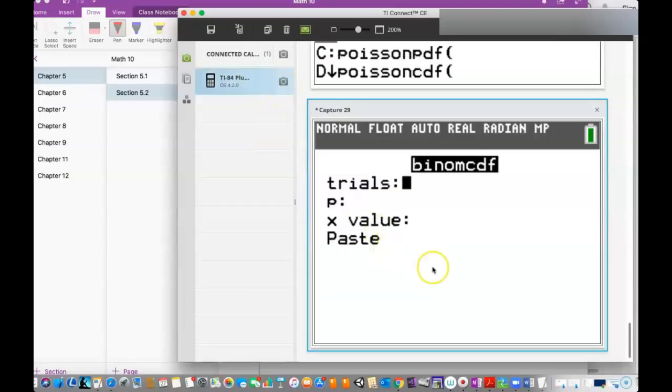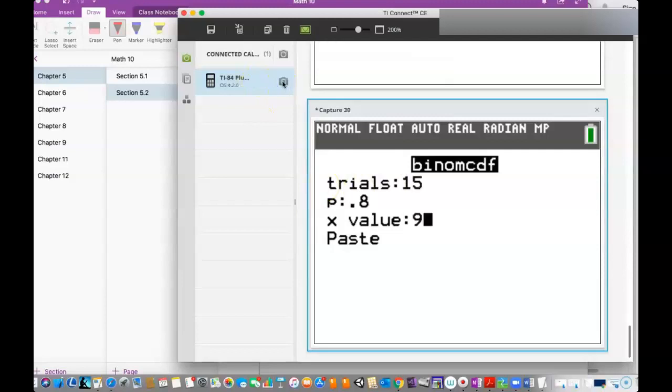Now you have this page. Enter the numbers for trials. We have 15. Probability is 80% and X is 9. Okay, I have this. Then press enter. So this is 9. So press enter, again enter.